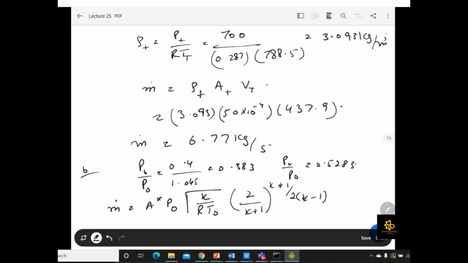We have all the values, because A star is the throat area, and P naught is the stagnation pressure. We have this property P naught from the solution.